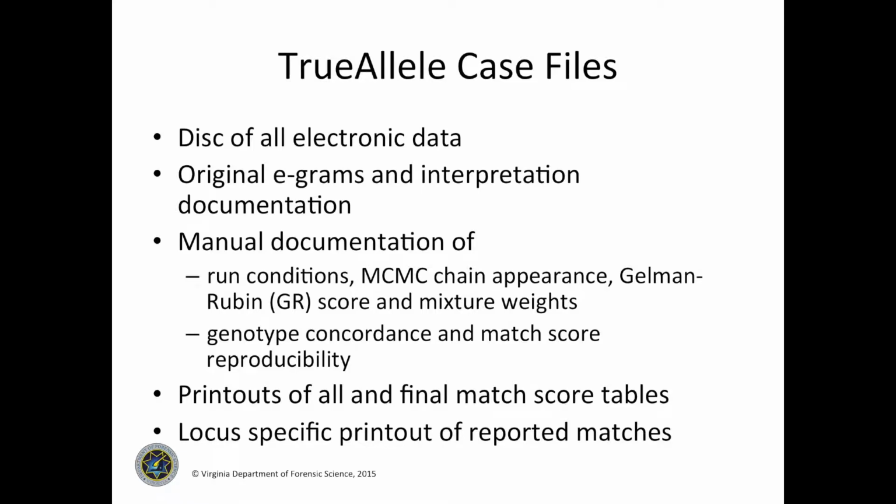Our case files are pretty thin compared to that of the bench scientist files, and we are not yet a paperless agency. So our case files contain a CD of all of the electronic data to include our FSA files, files generated by the TrueAllele process, our request files, as well as what's called a TrueAllele zip file, which is a file we use very heavily in peer review, that someone else can make the zip file from the data that they have processed.